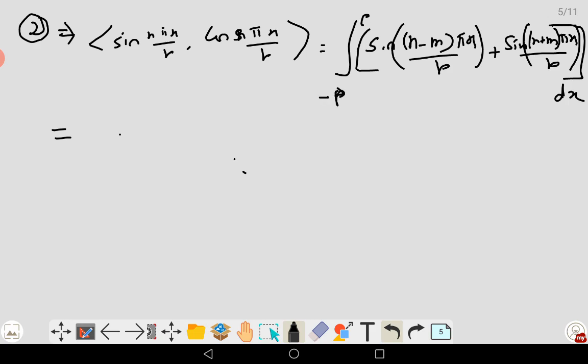This is from negative p to p. There is 1 by 2 as well, because the conversion formula gives 1 over 2 outside.